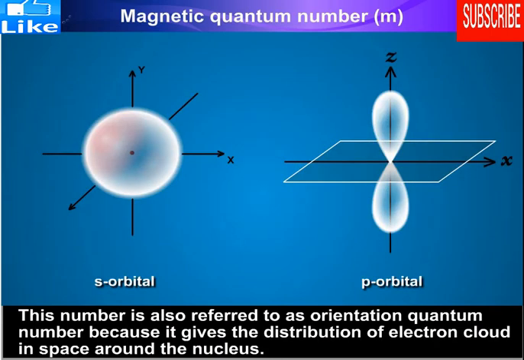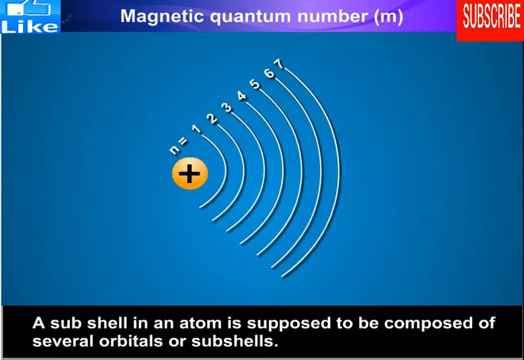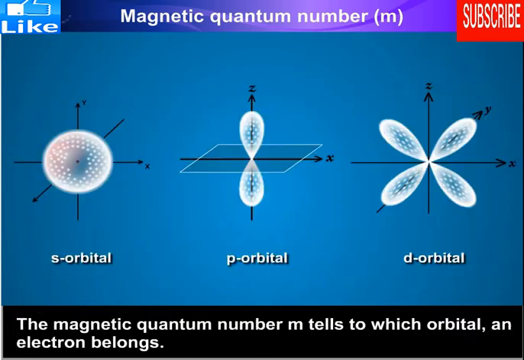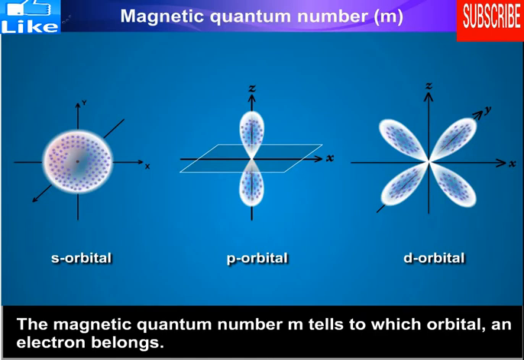This number is also referred to as orientation quantum number, because it gives the distribution of electron cloud in space around the nucleus. A subshell in an atom is supposed to be composed of several orbitals. The magnetic quantum number, m, tells to which orbital an electron belongs.